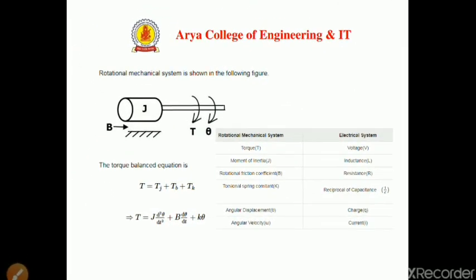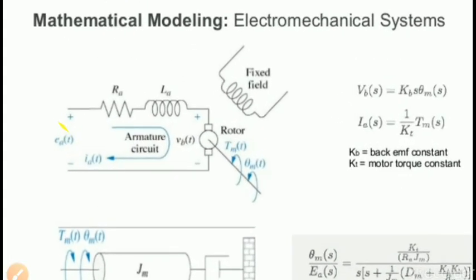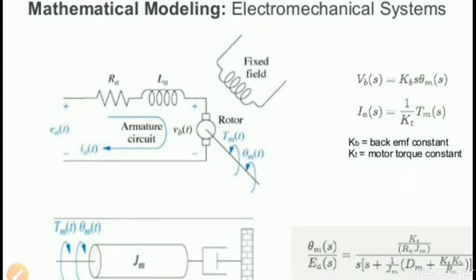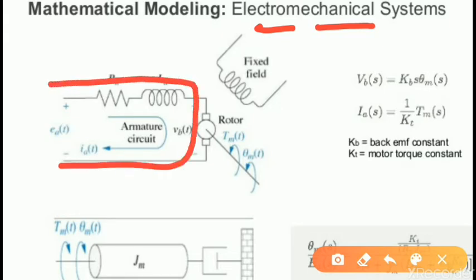Now we have another modeling, of the electromechanical system. As the name suggests, it is electrical plus mechanical system. We can see in this image there is an armature circuit, where a motor or rotor is connected.